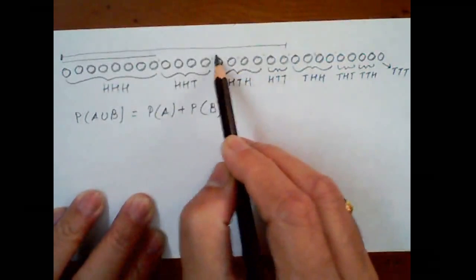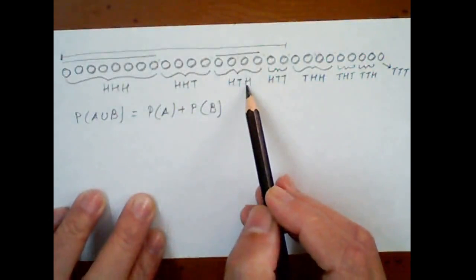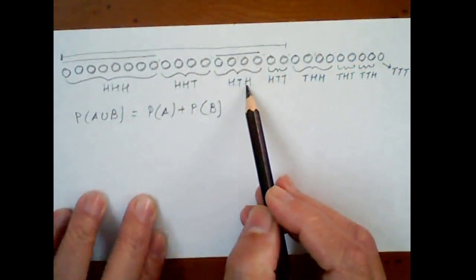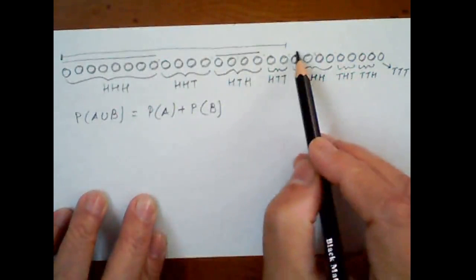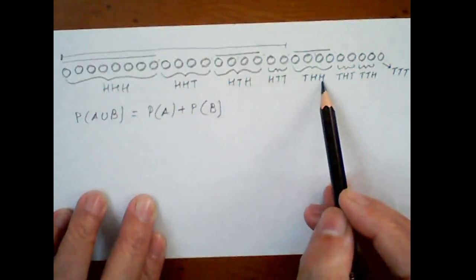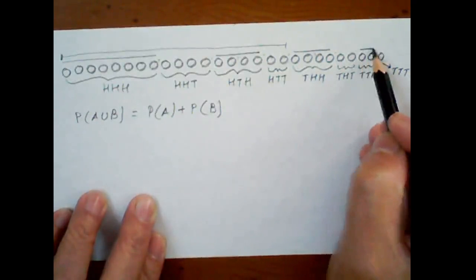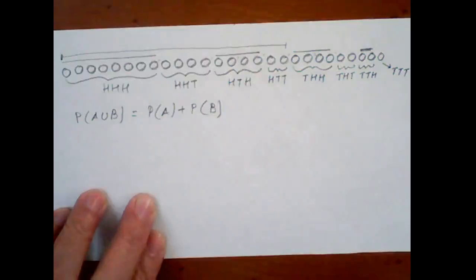Again you have these 4 circles where the third toss is heads, then you have these 4 circles where the third toss is heads, and finally these 2 where the third toss is heads.